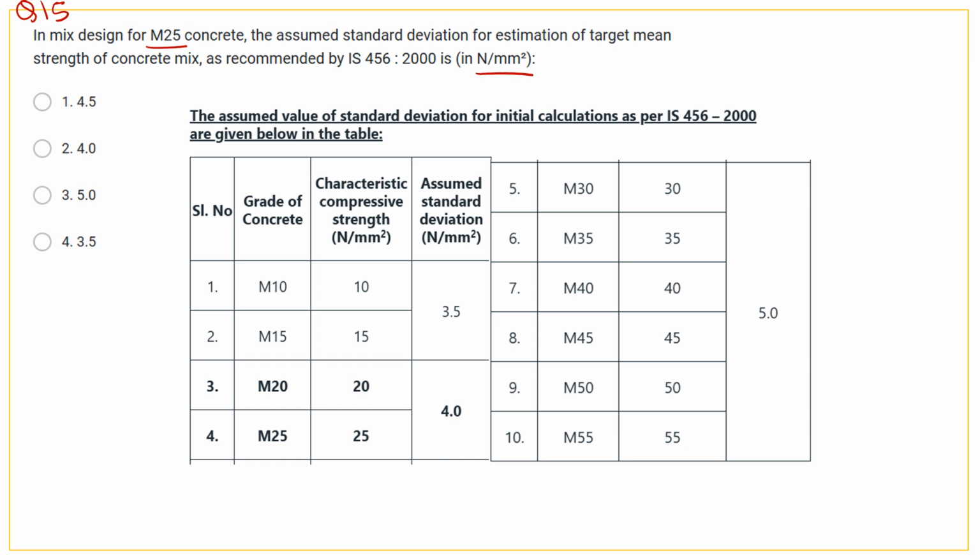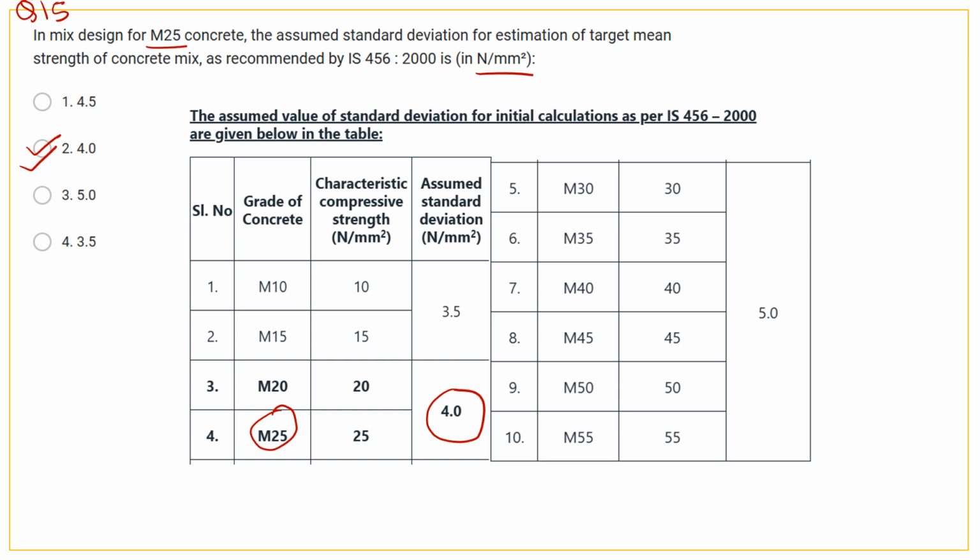Okay, here is a chart for the assumed value of standard deviation for the initial calculation as per IS 456-2000. Here in the question they asked about the M25 grade. So in this chart for the M25, the standard deviation is 4 Newton per mm square. So option number 2 is correct here. And these are the remaining values for M10, M15, M20 up to M55.